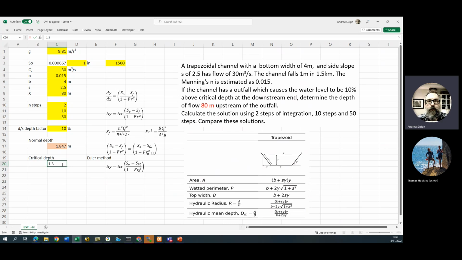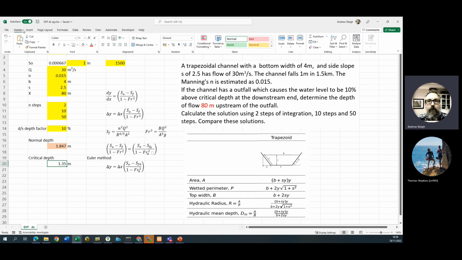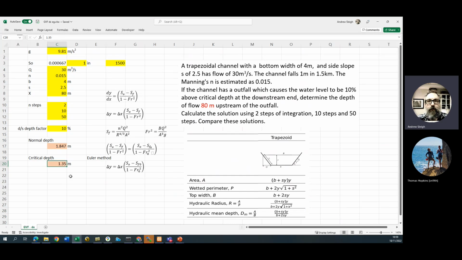So 1.350, again meters, and I'll highlight that in the same color.